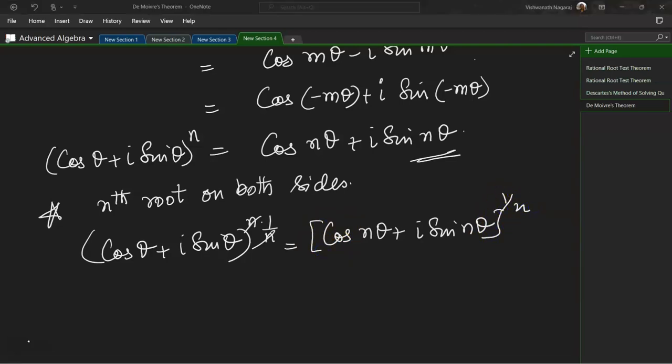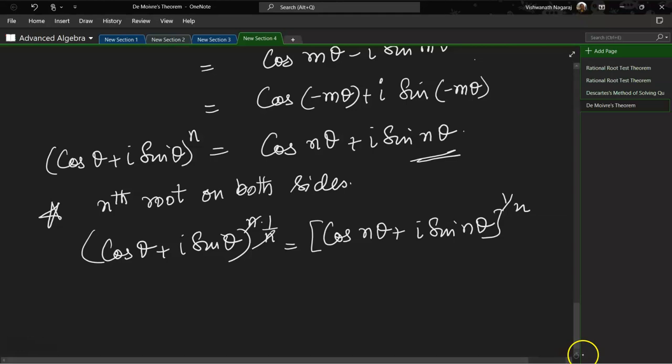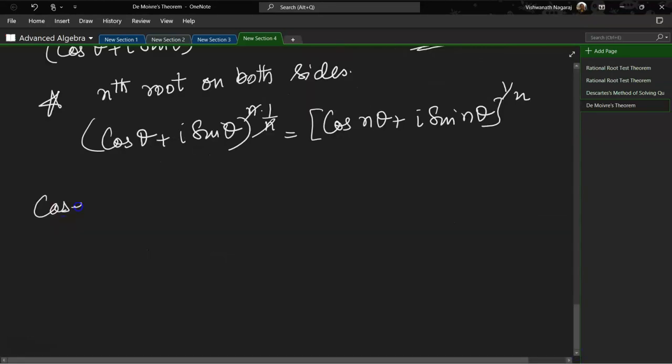Nothing great, because if we apply the theorem on the right hand side, 1 by n will come here, n cancels, n cancels, so we end up with cos theta plus i sin theta. So that is the second case.